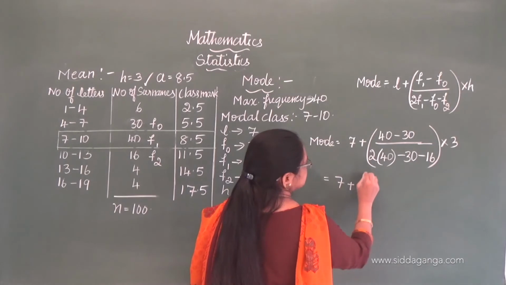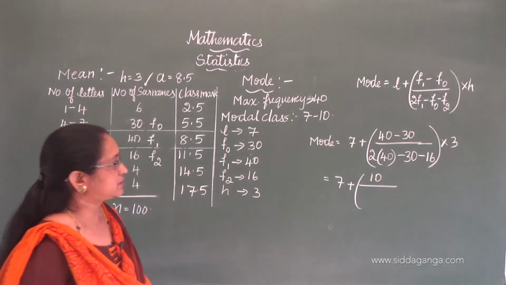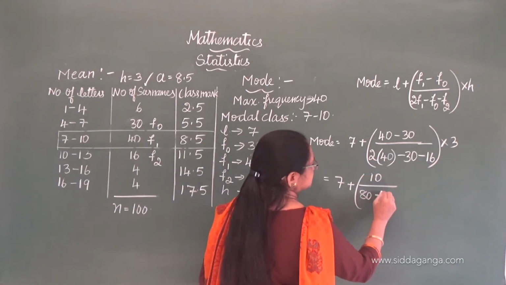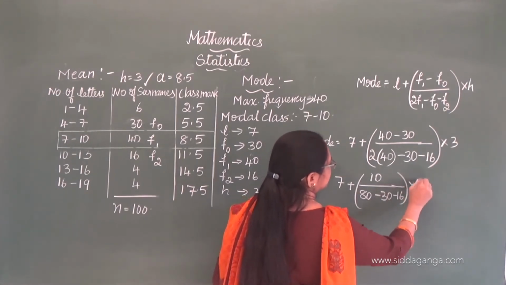So, 7 plus 10 by, just try to simplify it, 10 by 2 into 40 is 80 minus 30 minus 16, into 3.